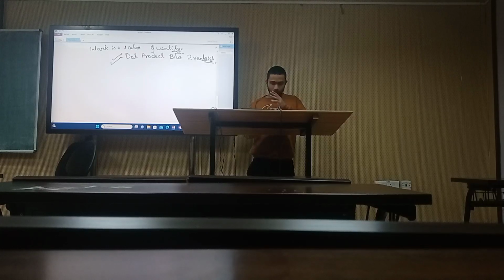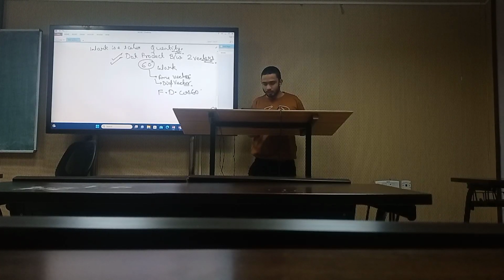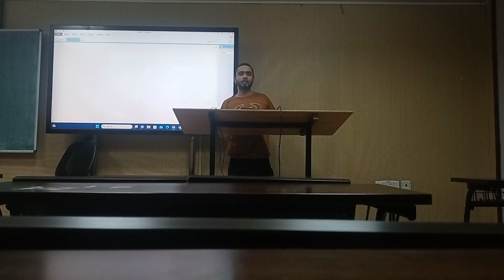For example, if there is an angle of 60 degrees between the force and displacement vectors, then the work will be the force vector dot displacement vector, which is F times d times cos 60 degrees. This will be our work done.